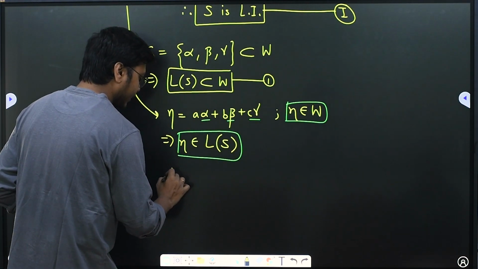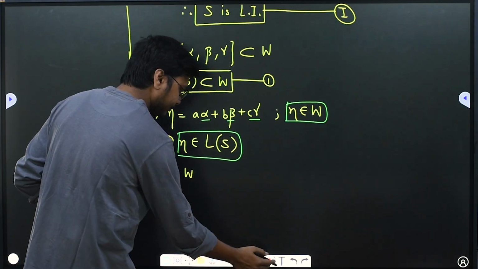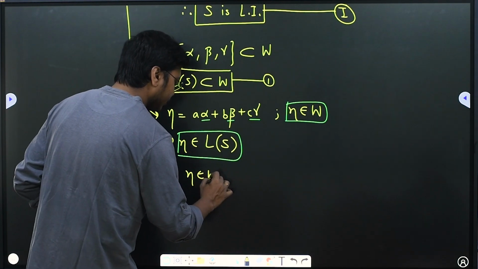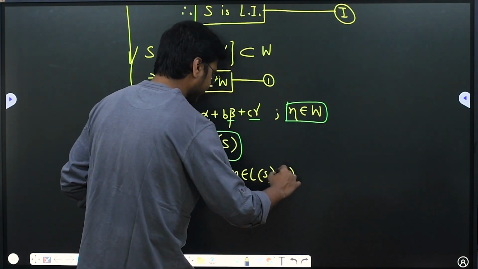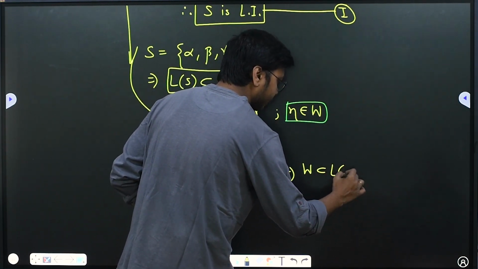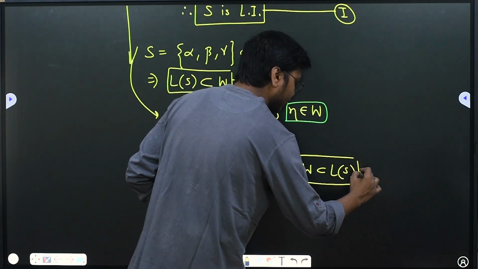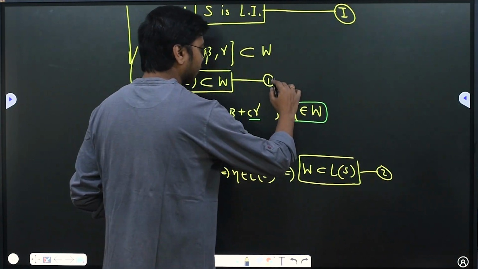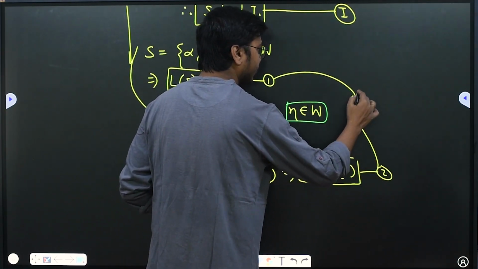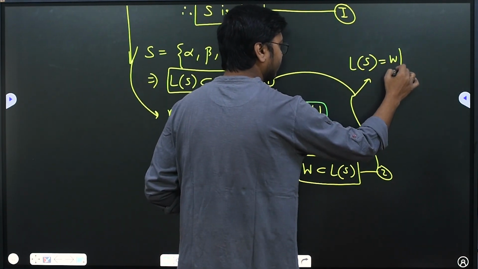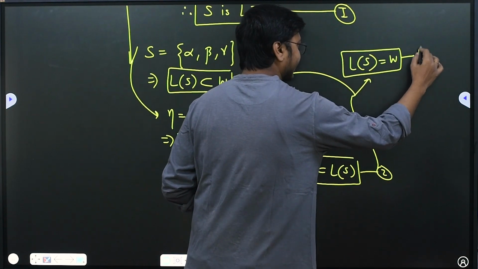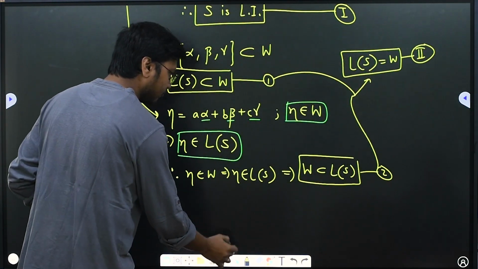So I can say therefore eta belongs to W implies eta belongs to L of S, and that means W subset of L of S, and that's the required second condition. So from condition number 1 and condition number 2 I can say that L of S is equal to W, and that's my second required condition for basis.